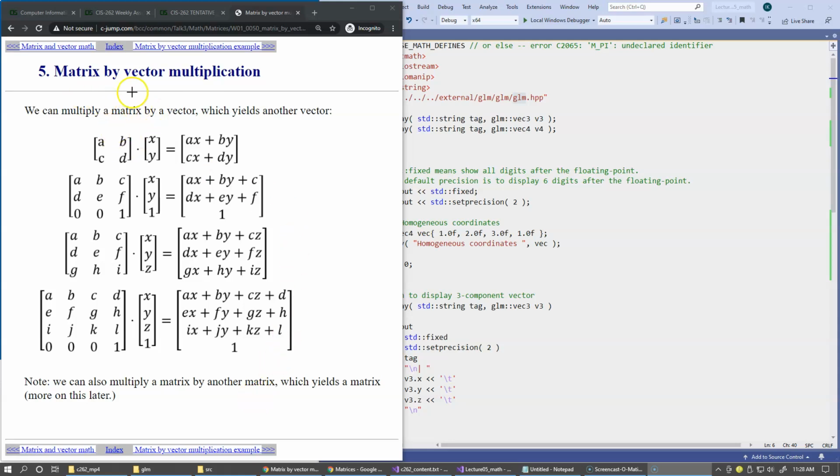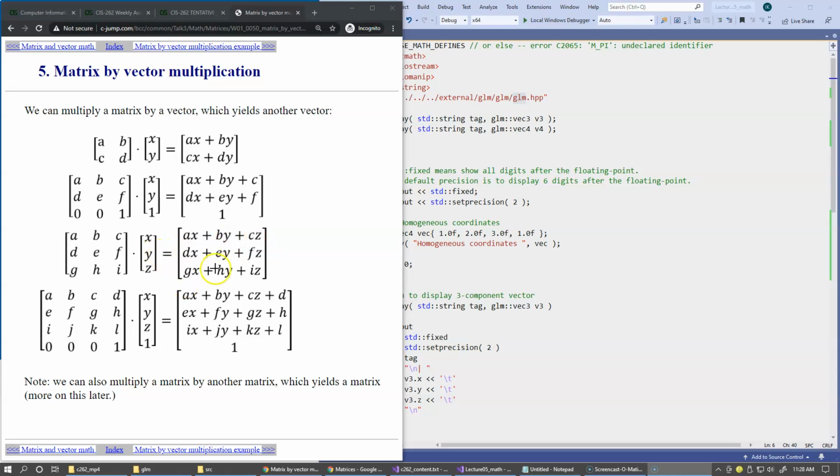Matrix by vector multiplication is actually a combination of additions and multiplications. If we have this example right here with A, B, C, D, E, F, and G, H, I, and an X, Y, Z vector, so this is our matrix, then the new X component of the resulting vector will be A multiplied by X, plus B multiplied by Y, plus C multiplied by Z, as you can see in these formulas.